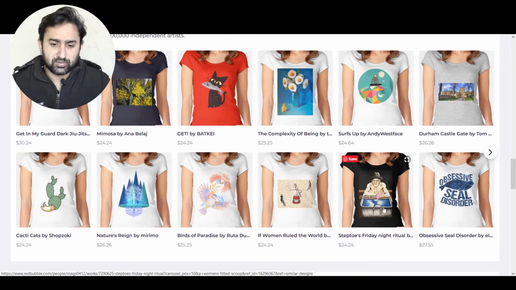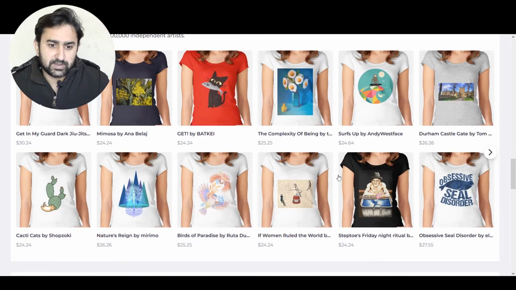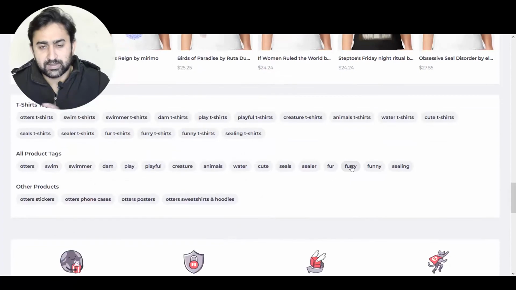So this is not too relevant in terms of tags, although you can see that all of these designs will be somehow related to the tags that the person has put in. If they are showing you products from the same account, they will show you those products that are relevant to those tags, not the first tag but all of these tags combined at random.